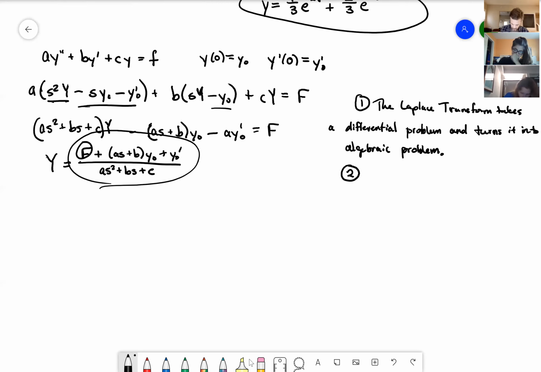The second thing to note is that our specific solution is automatic.